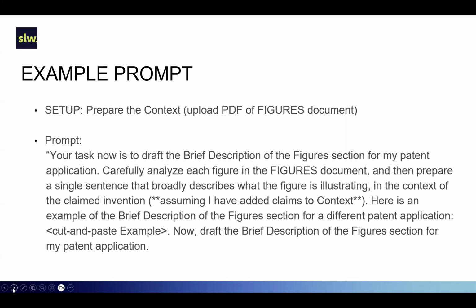In this case, I usually would have a set of figures that I've completed, and I will create a PDF and upload it to the tool. And then I basically ask the tool to generate a brief description of the figures. And I will cut and paste an example from a different patent application. And so this is just an example of how I would use those four components of a prompt in actual practice. And with that, I'll hand it over to Lucas.